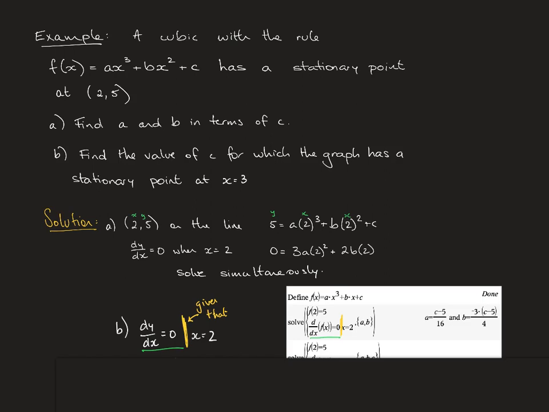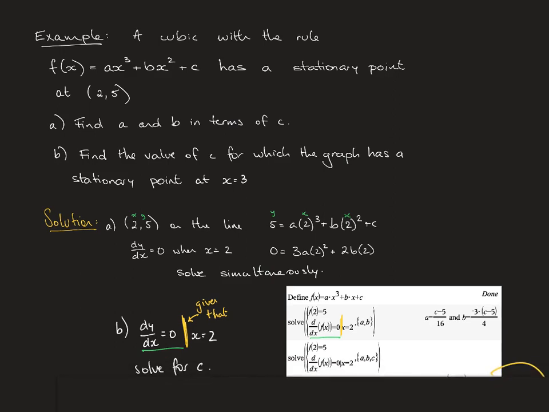Now you can see that I've solved this for just a and b rather than a, b and c as my variables. And so I've got an answer as a in terms of c and b in terms of c, because it's got a c in it. If I did it with having the c in there as well, and I've done that just below this one, what you get is quite a different answer.